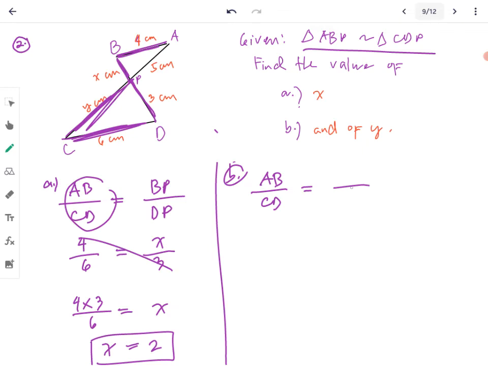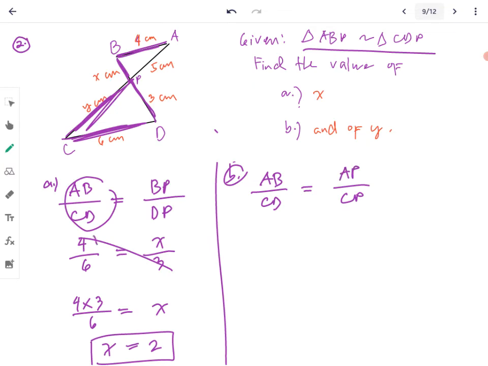So therefore we will put CP here, not in the numerator, because CD from the larger triangle is in the denominator. That's why we need to put also CP in the denominator for the ratio, because it's from the same triangle as CD. And the corresponding side of CP is AP, which is actually 5 cm.